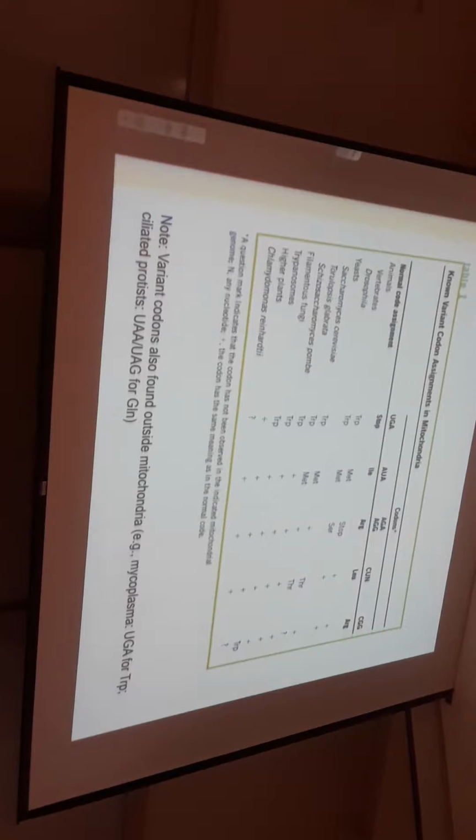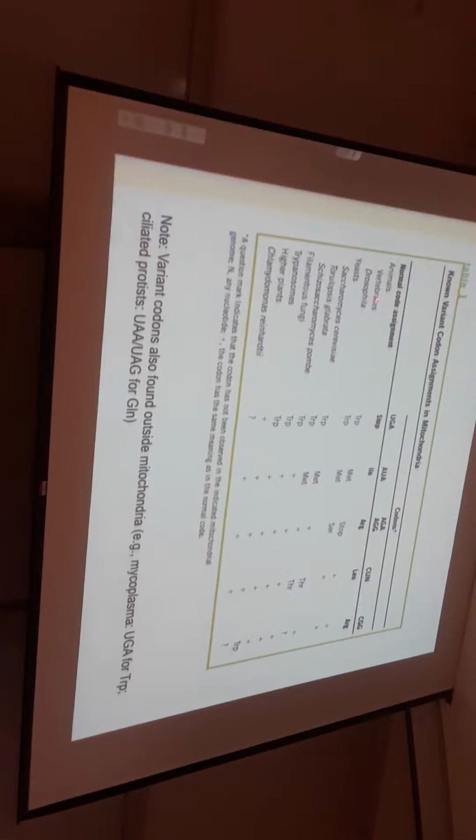This is not true. Strictly speaking, it's not true. In this table here, we see a couple of examples where codon usage, in particular in mitochondria of certain organisms, deviates from this normal code assignment.